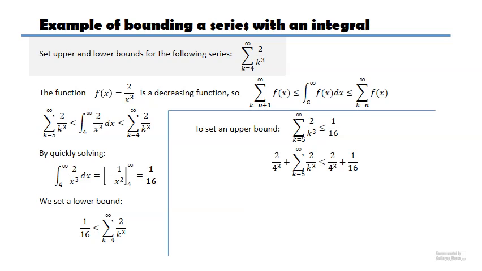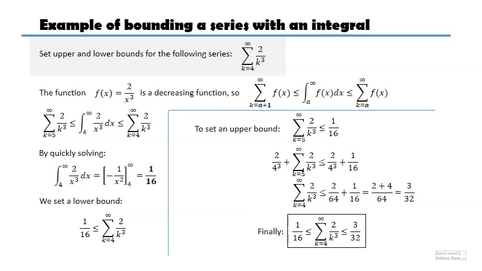All I'm going to have to do is add to both sides of this inequality the term with k equals 4, which is this thing here. I add it here, and I add it here. And now this plus this just becomes the summation starting at 4. I operate the other side, and I get 3 over 32. So I know that the summation starting at 4 is smaller than 3 over 32. So that's how I get my upper bound.